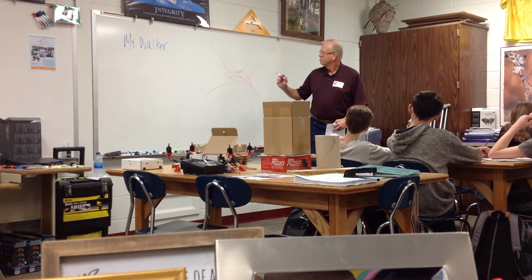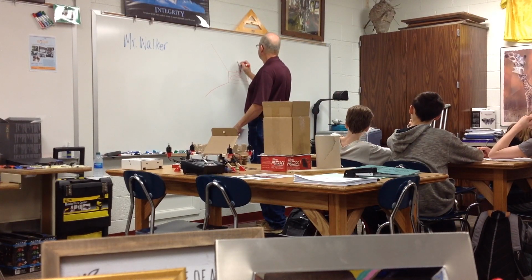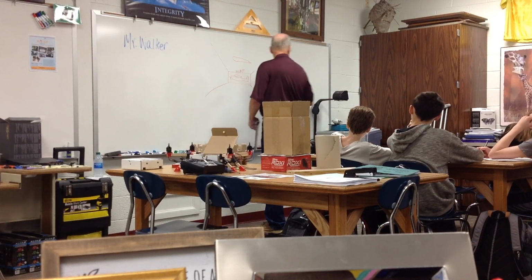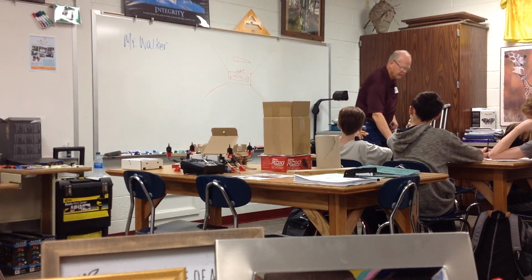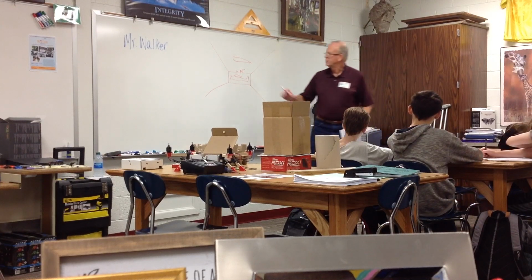Lift. How do we get lift? I'm going to draw a, let's try this. All right. Try to draw a wing. And I think on your handout, you have kind of a wing there. It's got an airfoil.